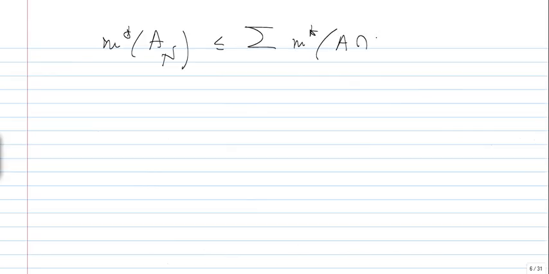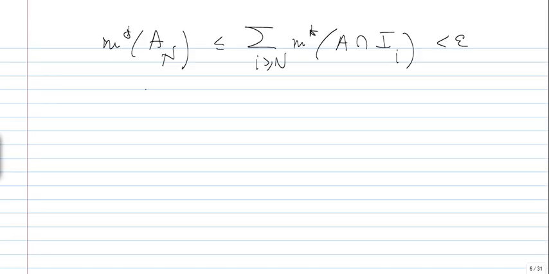As for the last one, the measure of A_N is equal to the sum of the measures of A intersect I_n for n greater than N, because it is measurable, which is less than epsilon.